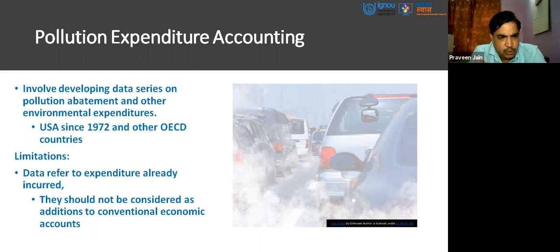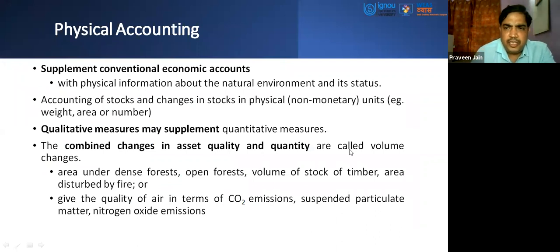So it should not be considered as an addition to conventional economic accounts. This information is already there in the conventional system of accounting, so there is no need for an additional change, and it should not be included in the conventional economic accounts.